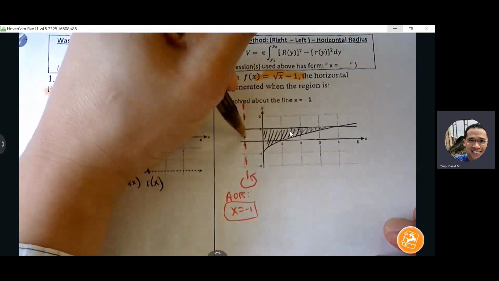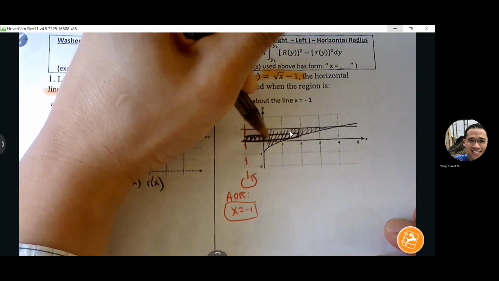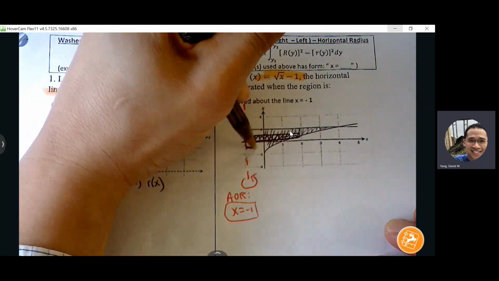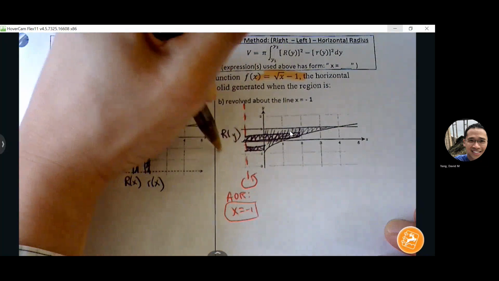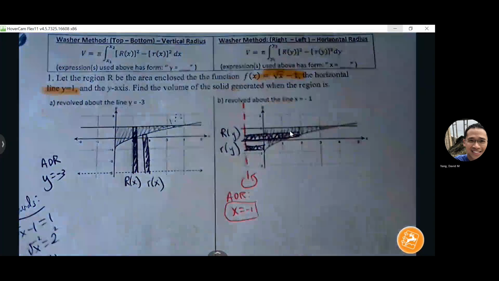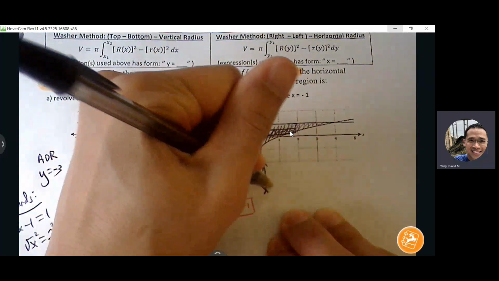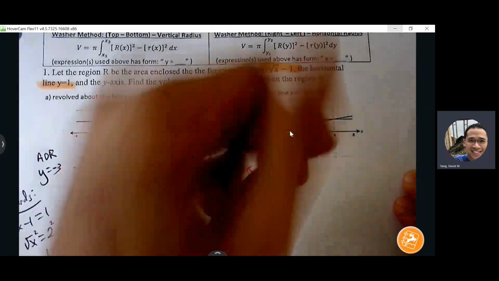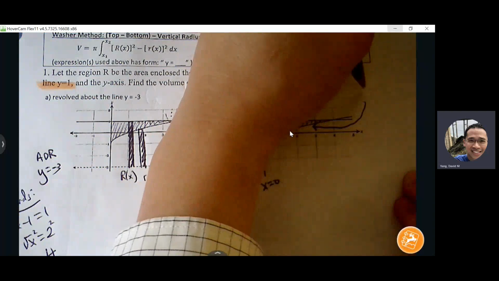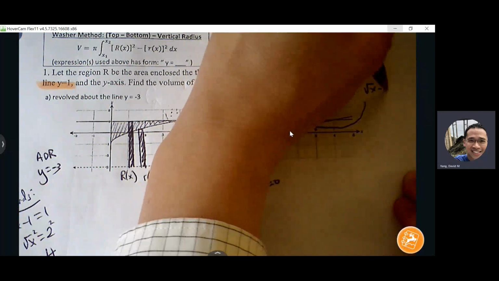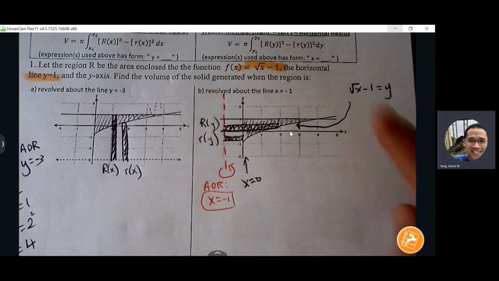We need two radii, one to extend to the curve, and one that extends to the y-axis. Well, the y-axis is easy because we know that's just x equals 0. But the curve is not in the proper form. We know it's root x minus 1 equals y, right? That's the equation that's given to us, but we have to solve for a different variable here.